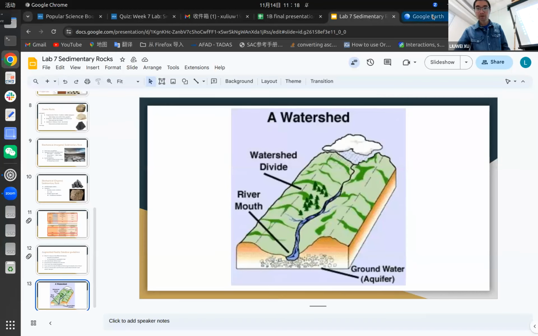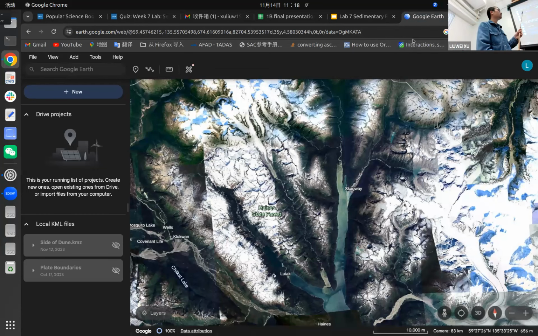So one of the questions is to identify the watershed and the divide, either in the sandbox or in Google Earth. If you choose the Google Earth option, you need to find a topography that has a watershed and divide inside. So here is an example. This is the Hennessey State Forest in North Canada.